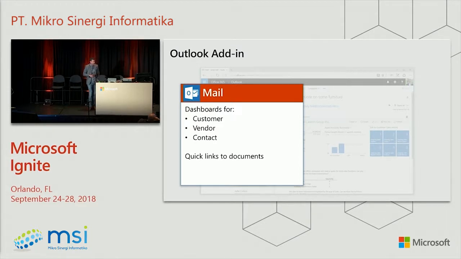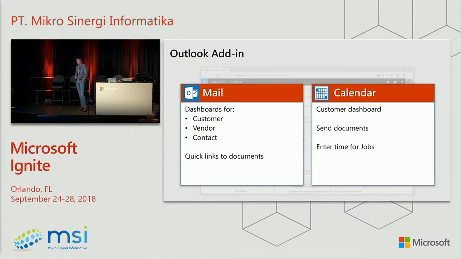So here are some of the things I showed that you can do with the Outlook add-in. You can look at customers, vendors, contacts, and the quick links to documents was that sales quote thing that I demoed. There are a few other things you can do with Outlook also.